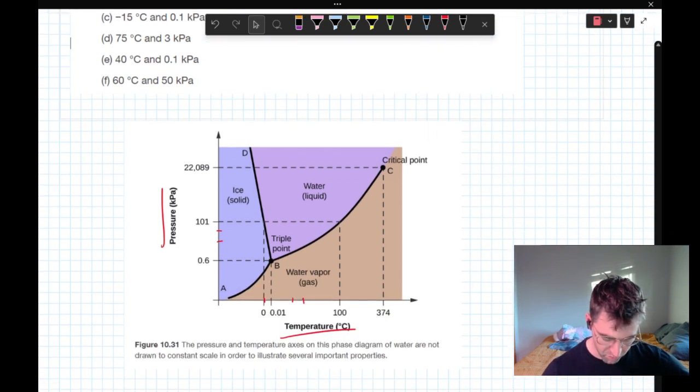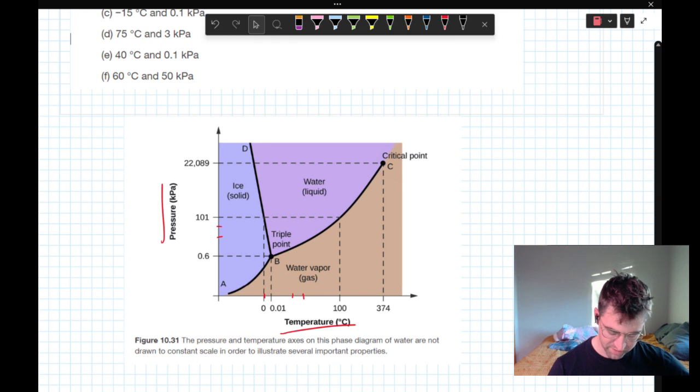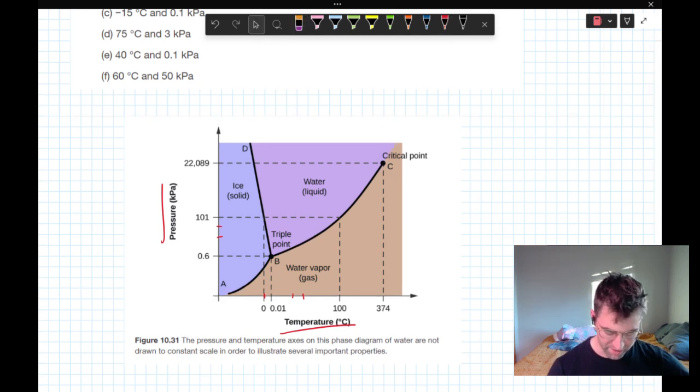Negative 15 and 0.1 kilopascals. So negative 15, we'll just say that that's like way out here, and 0.1. We should still be in solid ice. But if this isn't drawn to scale, if pressure is sufficiently low, actually, at 0.1 kilopascals, maybe that's like right here, and negative 15 is somewhere here, we could have water vapor.